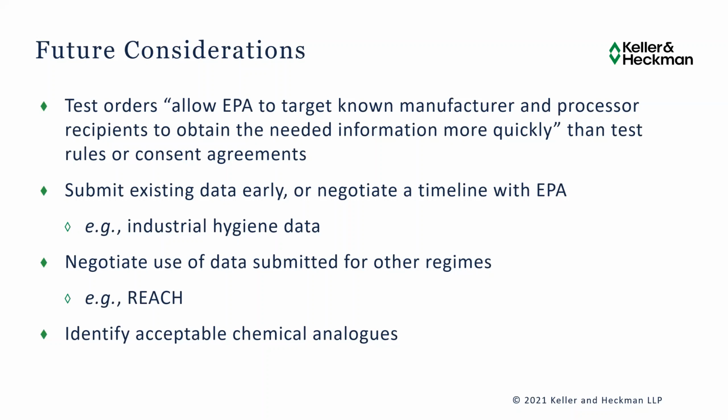It's also important to negotiate the use of data submitted for other regulatory regimes. So for example, information that was developed under REACH. So to the extent that there's an endpoint that's relevant to the EPA's evaluation of a substance, but that information was submitted under REACH, while there are certainly data rights issues that come into play, we see here that EPA is going to require testing for key endpoints that are not represented in available information, and if it's not submitted, even though it has perhaps been generated under REACH or another program.